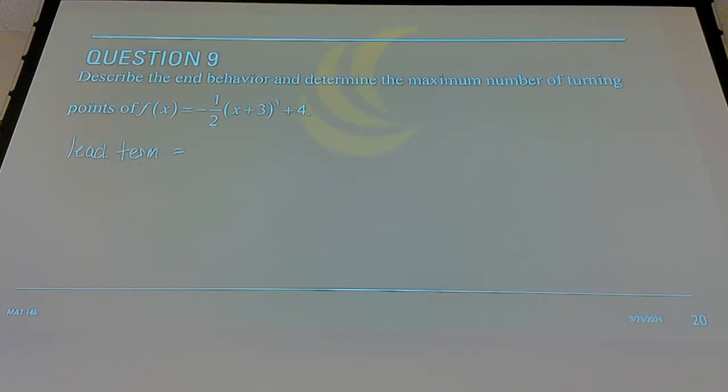What is the leading term? Sure? Yeah. Good. -1/2 x cubed. What is the coefficient? What is k? Is that greater than or less than 0? What is the power?